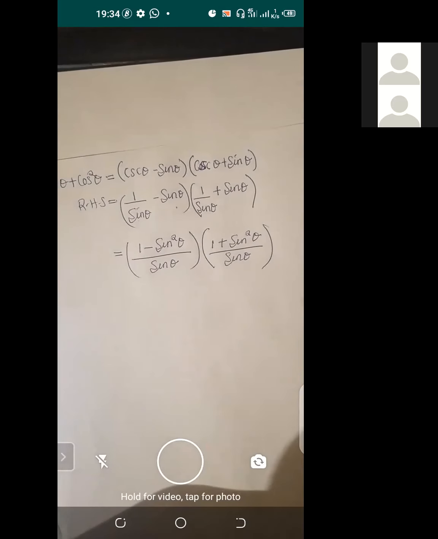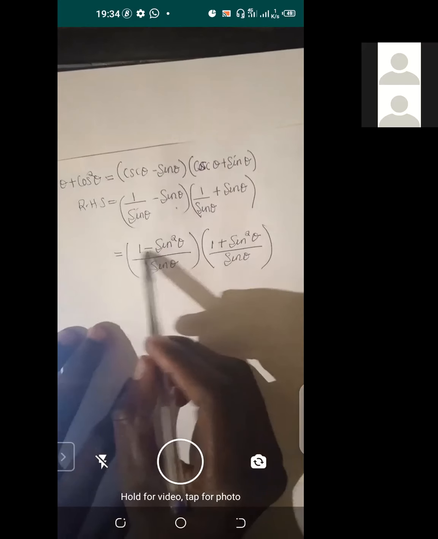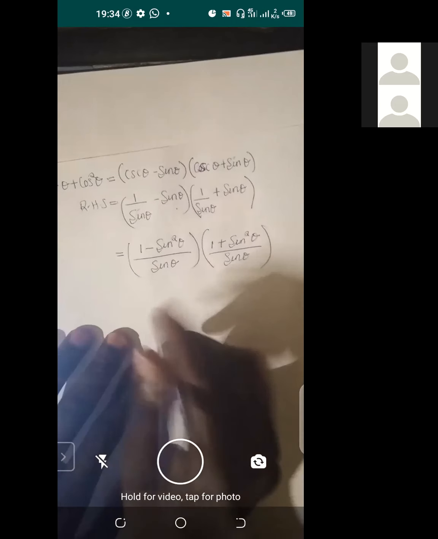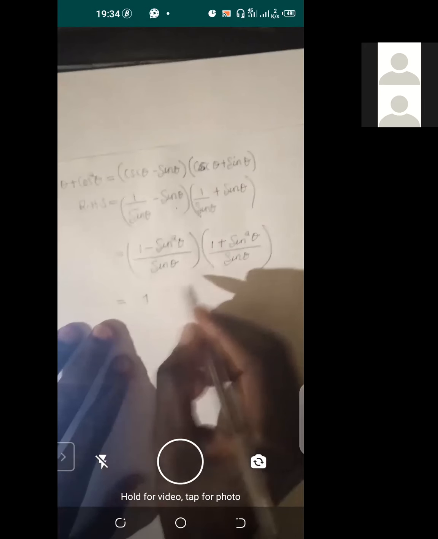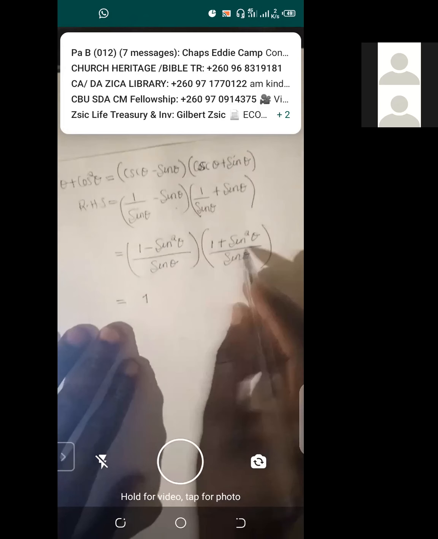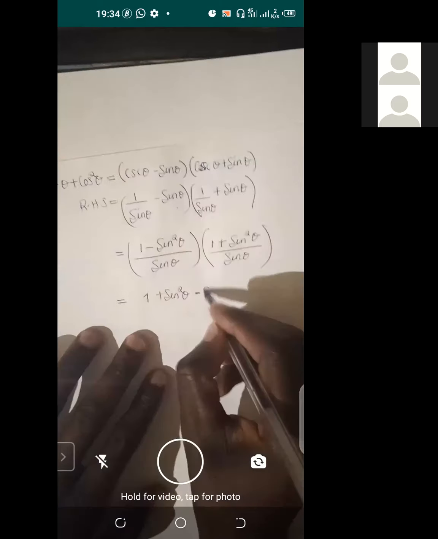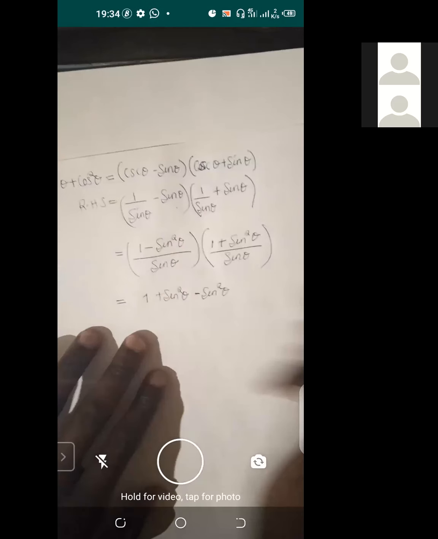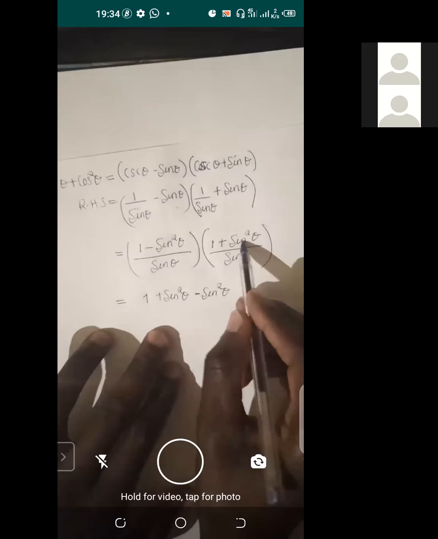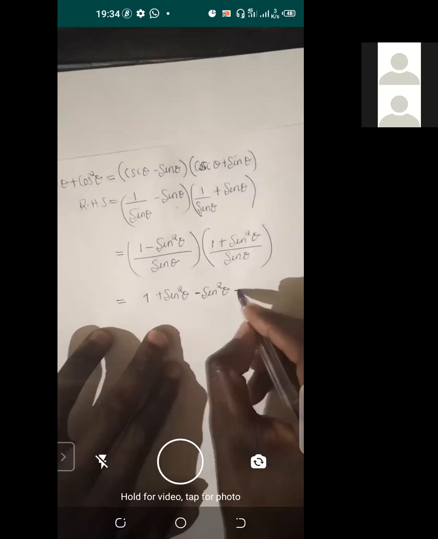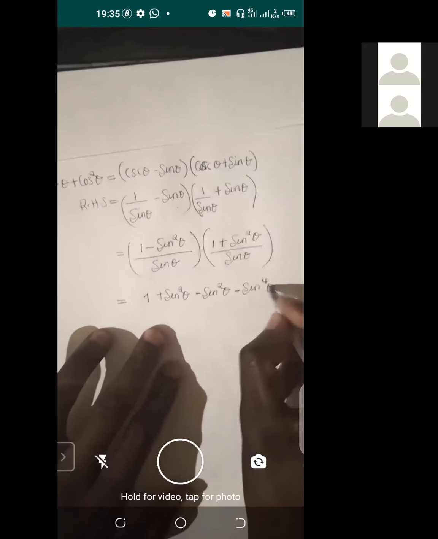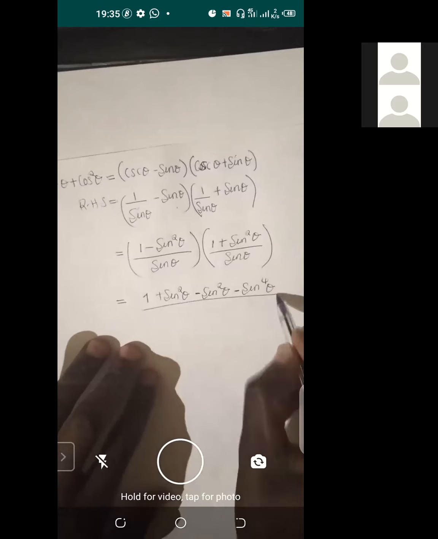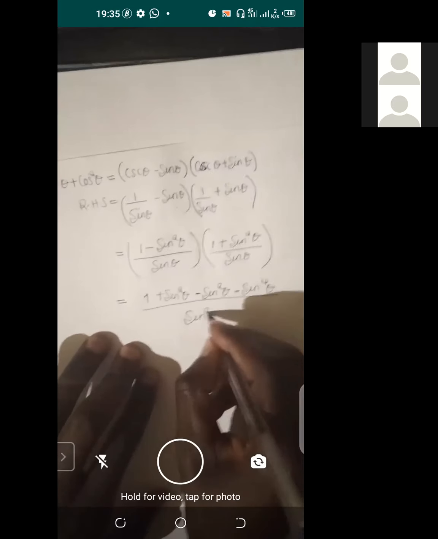Right. So you carry out your multiplication here, this times that, 1 plus sine squared theta minus sine squared theta, then minus sine to the 4 theta over sine squared theta.